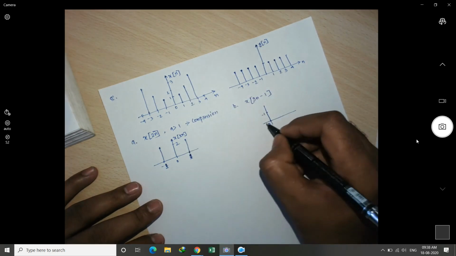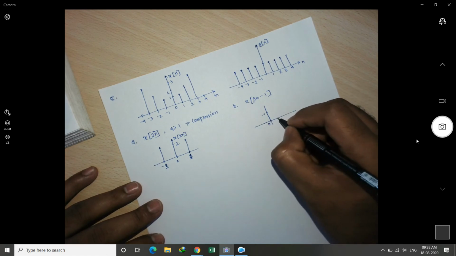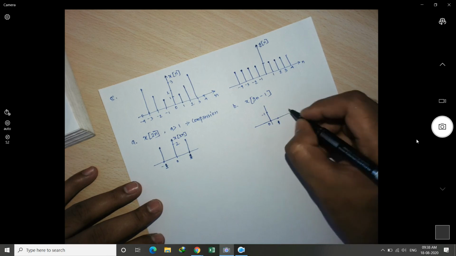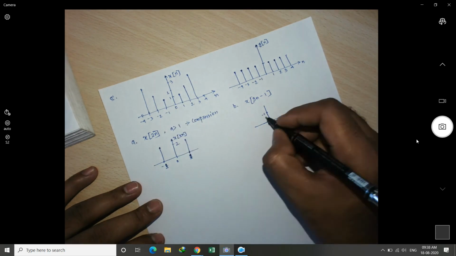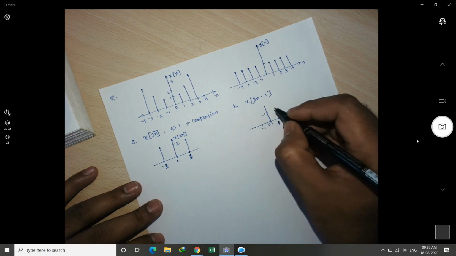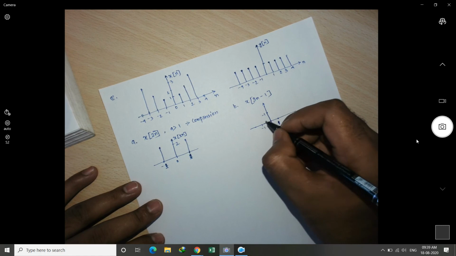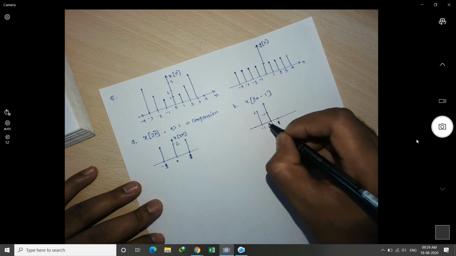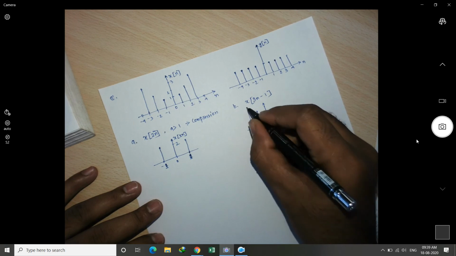Let us draw this one first. It will be 0, sorry, this one will be 0, so it will be the position of 1. I am just starting with this -1. So if we go to 1, -1 will have the amplitude of 2, right? Then -2 will have the amplitude of 3.